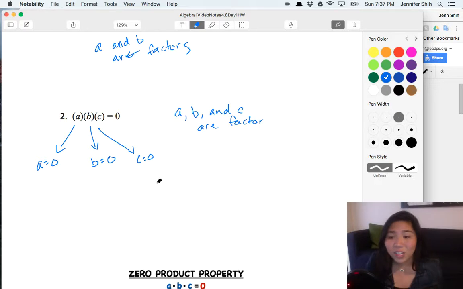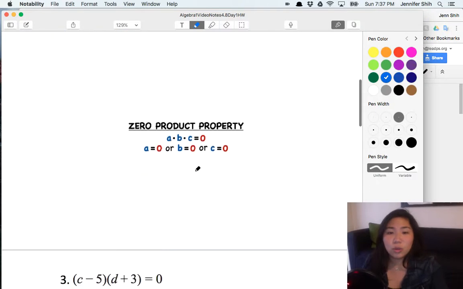And this is a very, very special property that goes with factoring. We're going to spend most of our energy trying to get factors of a polynomial, and then from there, our final step to solve is to use zero product property.